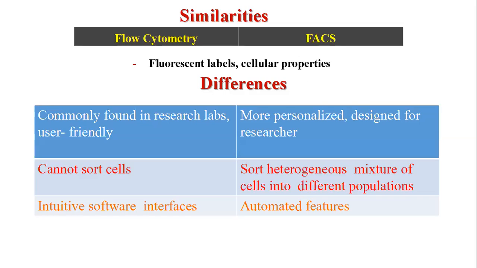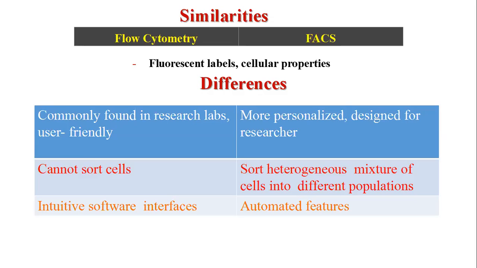What are the differences? Mostly flow cytometry is commonly found in research labs. This is very user friendly, but FACS is a relatively costlier instrument. Personalized research labs have it, and mostly it is designed for research purposes for the researchers, and the application of FACS is a very complicated one.